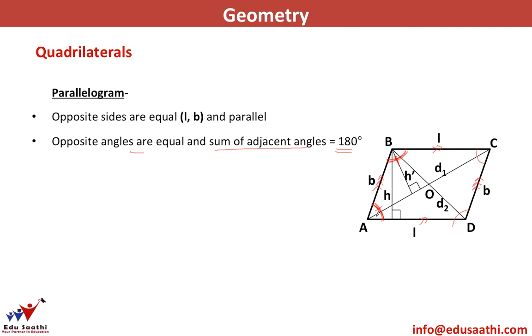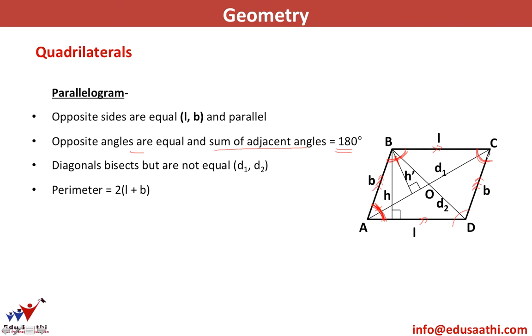Any two adjacent angles would add up to 180 degrees and opposite angles are equal. So if I talk about this angle that I have, the one BAD and BCD, opposite angles are equal and adjacent angles add up to 180 degree.